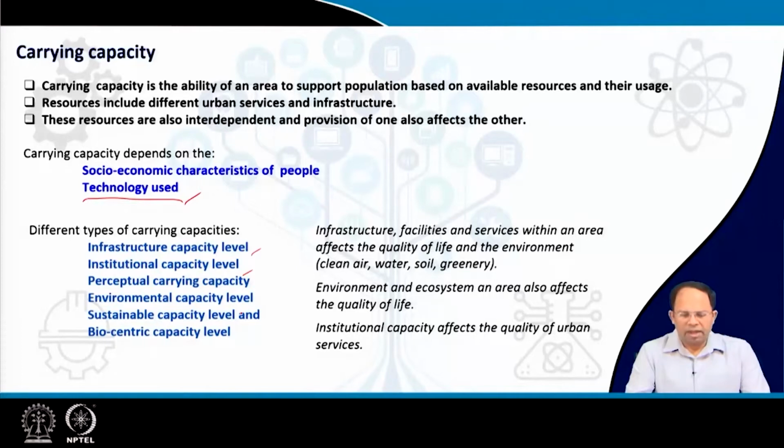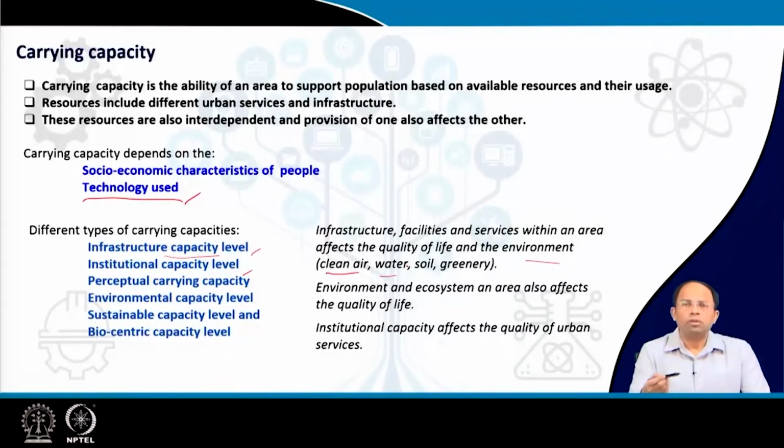Now, if I take infrastructure capacity, you can say that infrastructure facilities and services within an area affect the quality of life and also the environment of that particular area. So for example, if I provide good infrastructure, there would be less pollution, so it would be clean air.